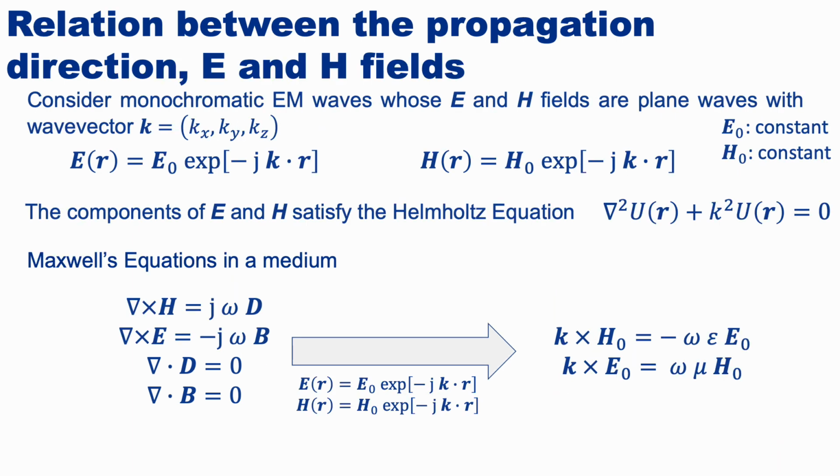So let's now consider that our fields are not only monochromatic, but they are also plane waves. That means the component changing with space is also given by a complex exponential. So this tells me that we have a plane wave. Obviously every component of the electromagnetic field needs to satisfy the Helmholtz equation.